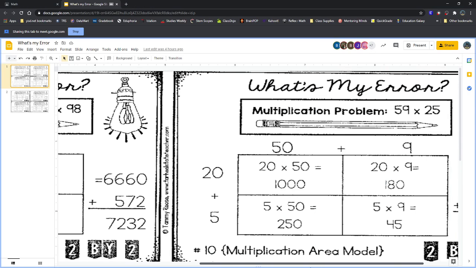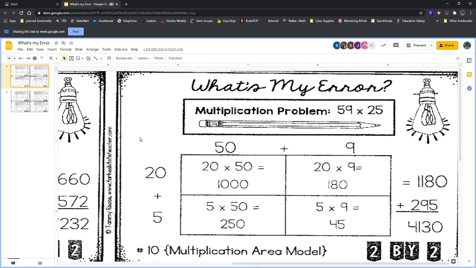Okay, let's go to the problem next to it. 59 times 5. Who can tell me what was their mistake on this problem? What did they do that was a mistake? This was one that I think was a little bit trickier to see.